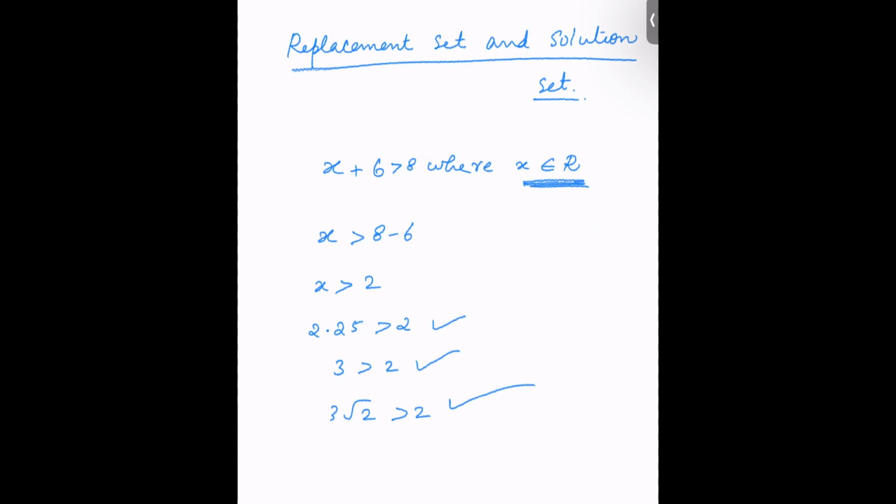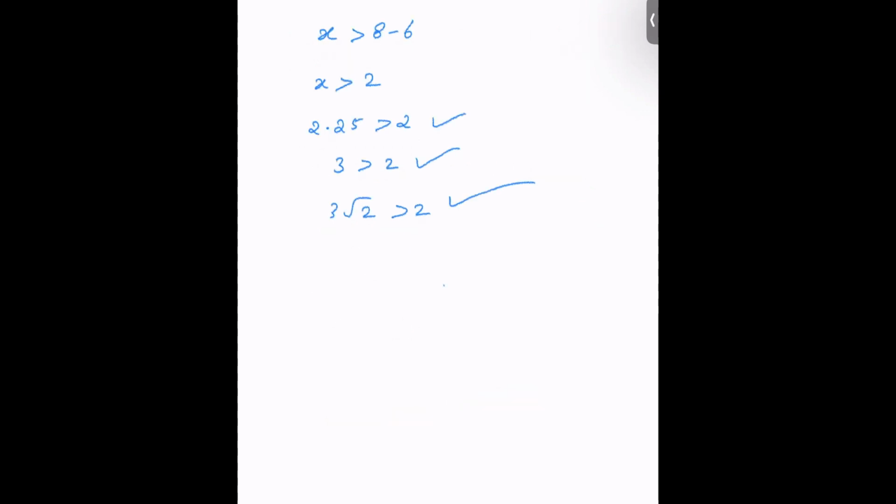So replacement set means from which set I should take the value for x. In the given example, I am taking the value of x from real numbers. Replacement set is N. N stands for what? Does any of you remember? N stands for natural numbers.